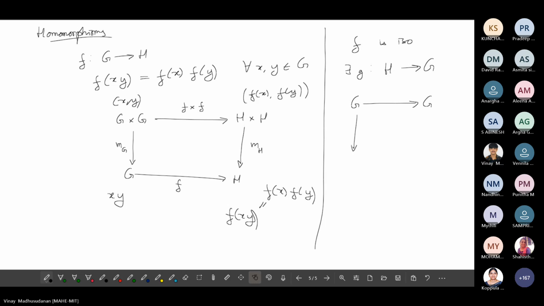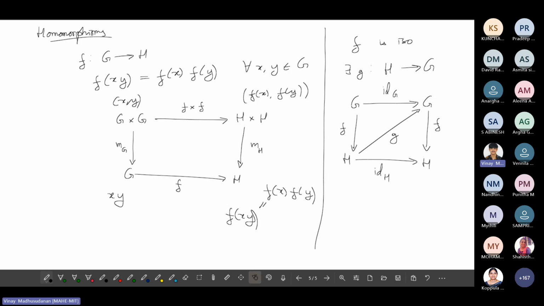Such that this diagram commutes. Is that true?